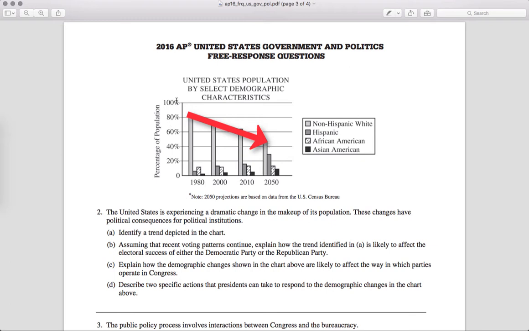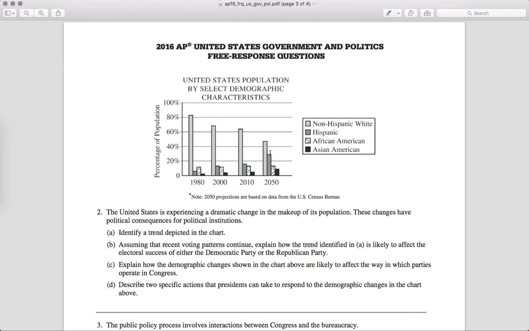That one is just boom, right there in front of us. The second one that you might want to play with is the fact that the darker gray bar here, which is the Hispanic population, starts off being about 7% of the United States population and rises all the way up to around 30% of the population. I'd pick one of those two.